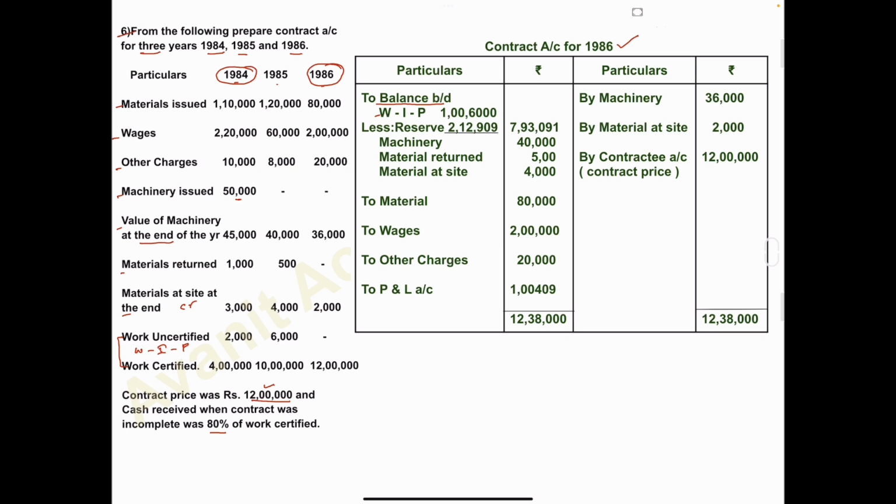Last year work in progress amount is 10 lakh 6,000. From that minus reserve. Reserve amount is 2 lakh 12,909. From 10 lakh 6,000 minus 2 lakh 12,909, and you will get 7 lakh 93,091.